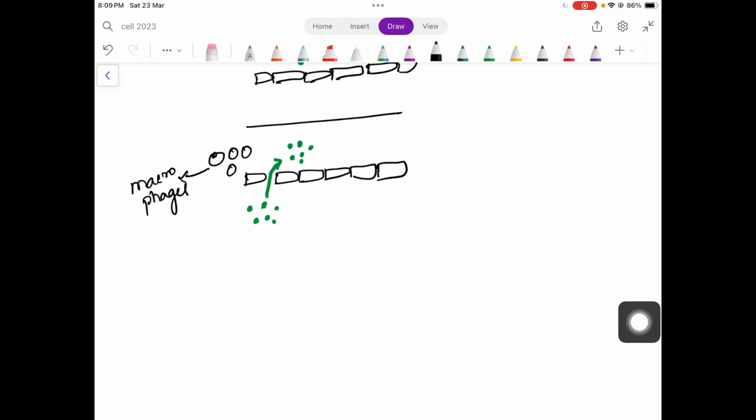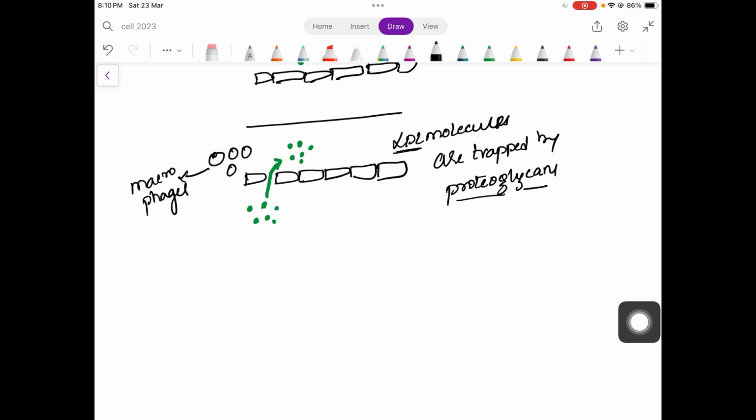These trapped LDL molecules will undergo modification. These are the normal LDL molecules, and these are modified into oxidized LDL.